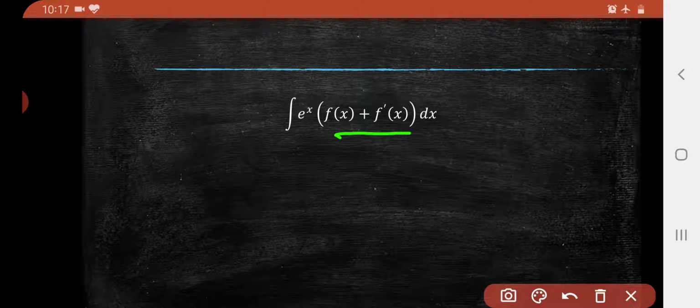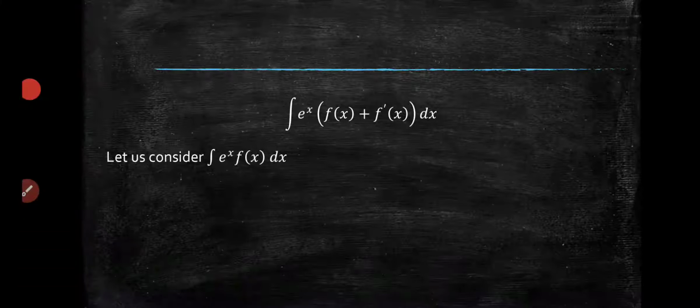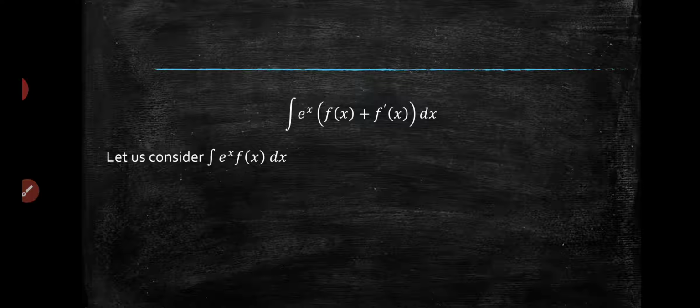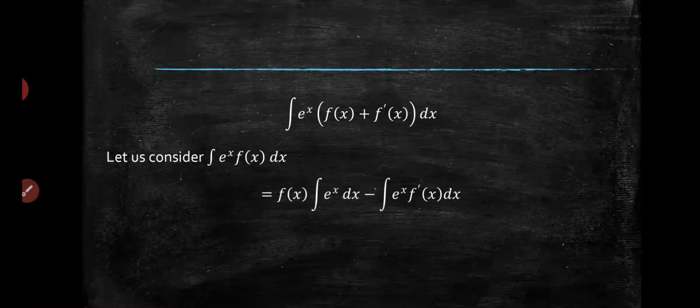To understand what happens, let us start with an integration, and let us take the integration of e to the power x fx dx. So now integration of e to the power x fx dx can be written as, taking fx as the first function, e to the power x as the second function, we have fx into integration e to the power x dx minus integration e to the power x into f dash x dx, right?